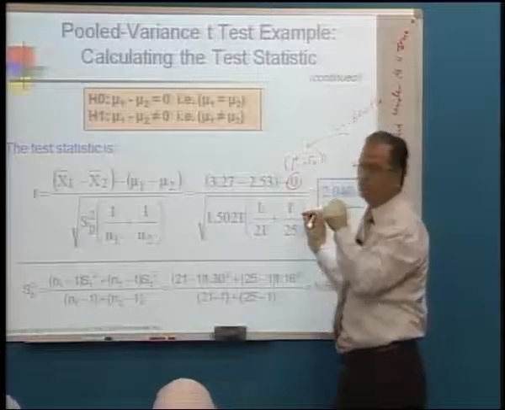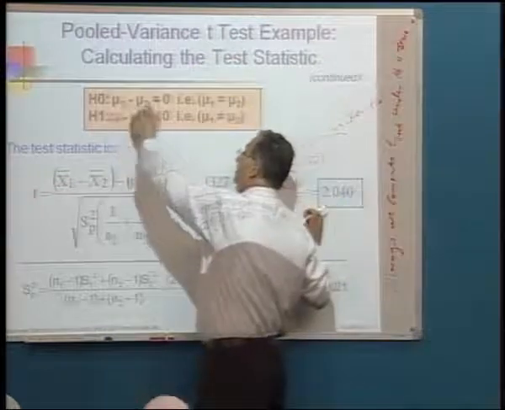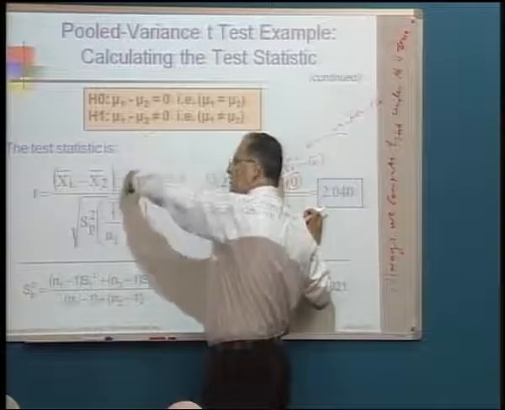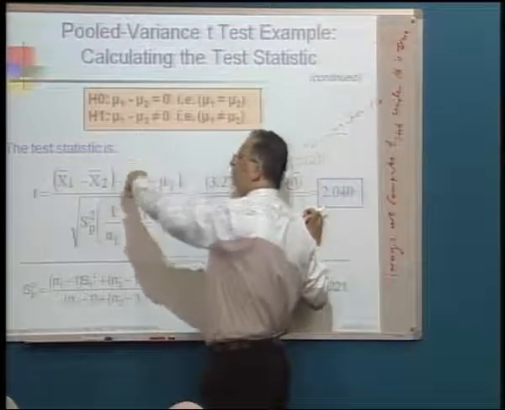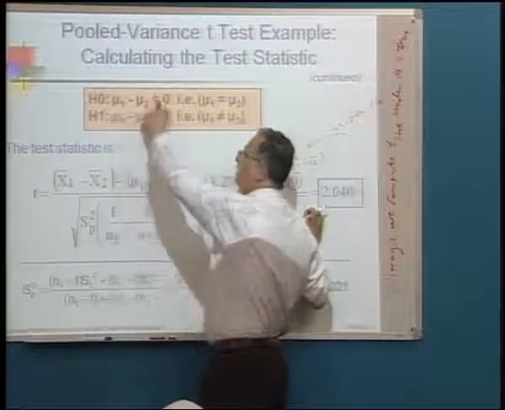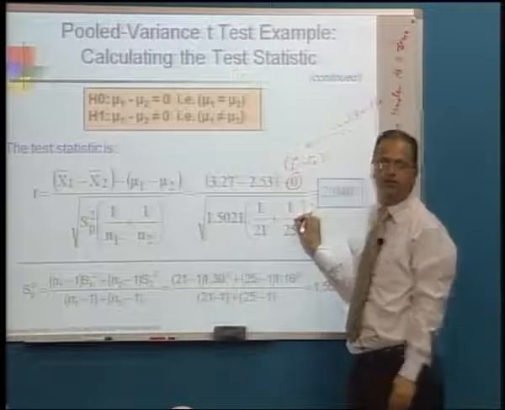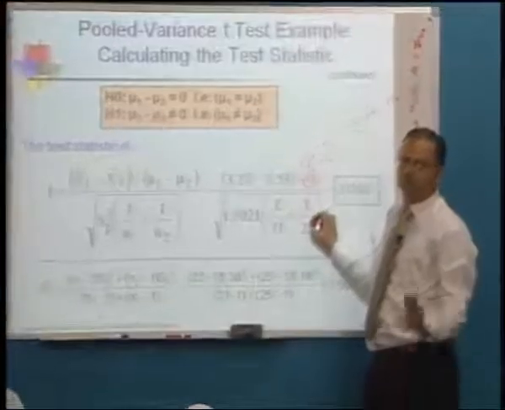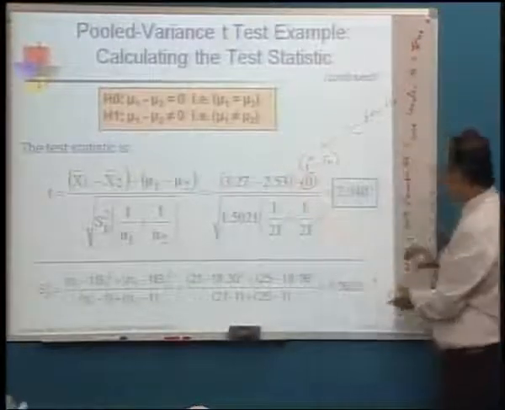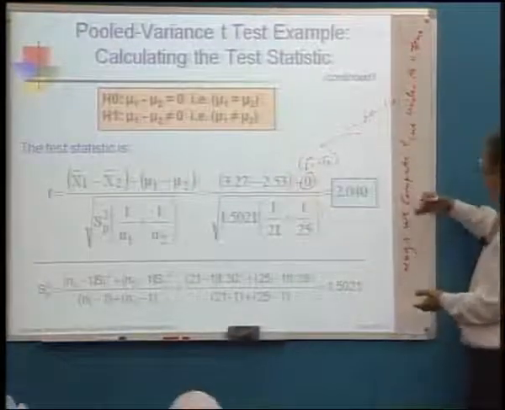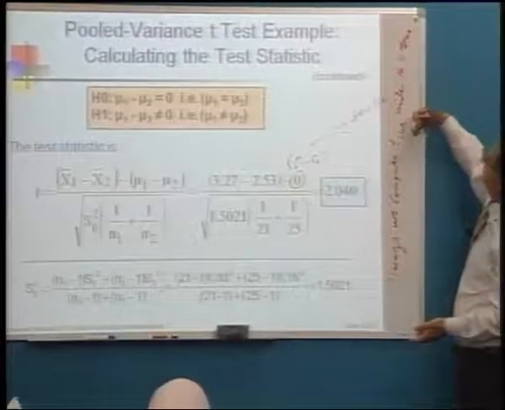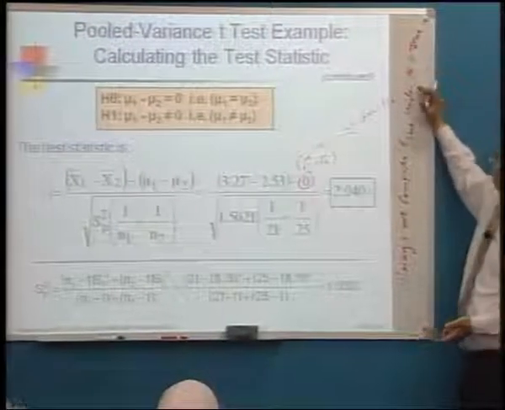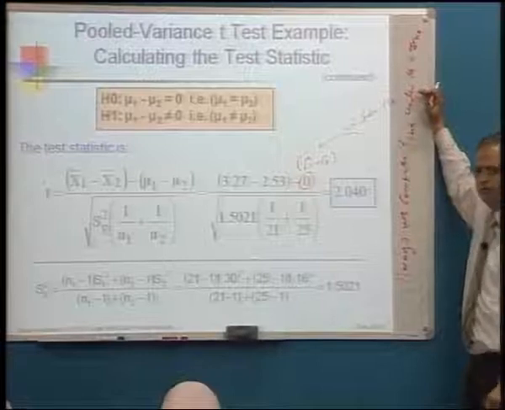But under H0, here we are assuming the difference is 0. So this statistic can be computed only if the null hypothesis is true. Otherwise, you cannot compute this value. Make sense? So maybe a true and false problem asks about we compute this statistic under H0 is true. It's a correct statement.